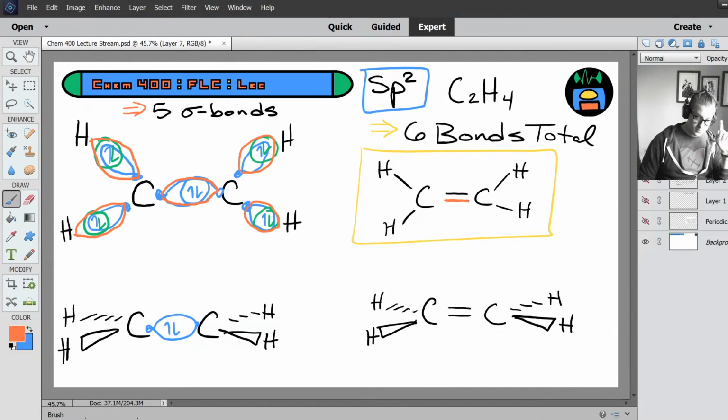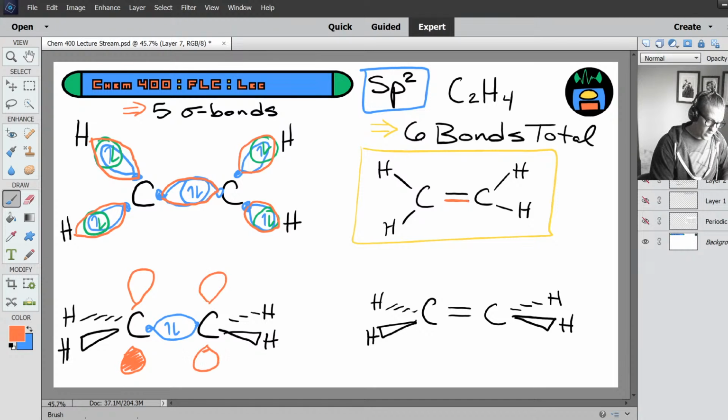And what's cool, as you'll see, is it is a new type of bond. Now, let's ask ourselves, what orbitals do we have available to use for making bonds that we haven't used yet? The answer to that question is we have our unhybridized p_z orbitals. They have not been used to form any kind of bond.